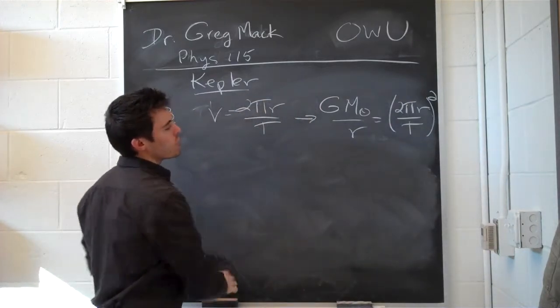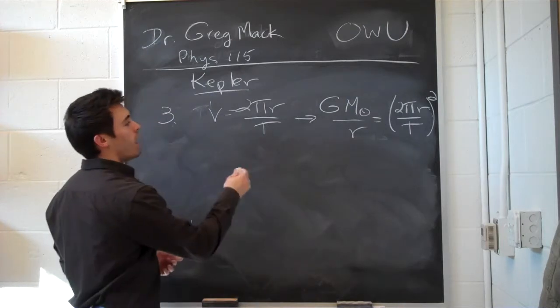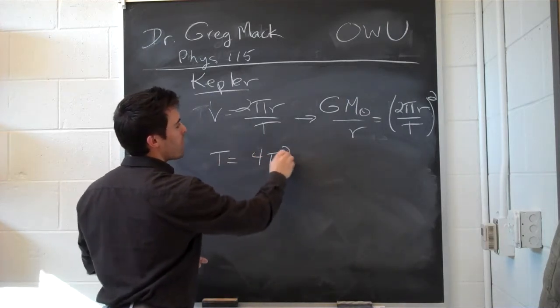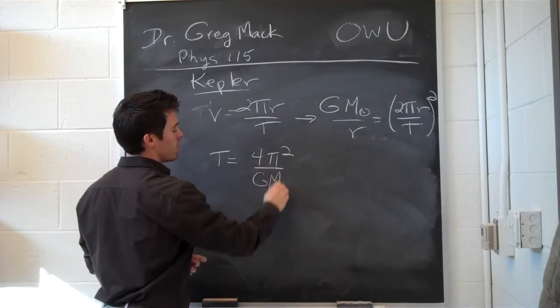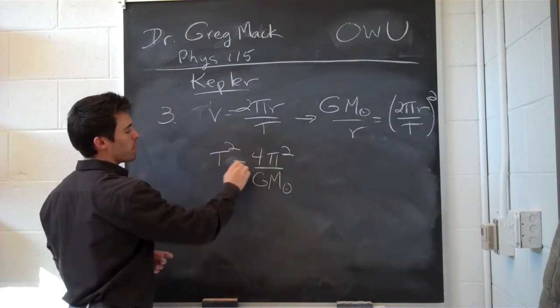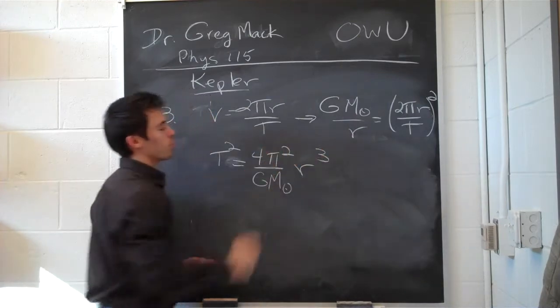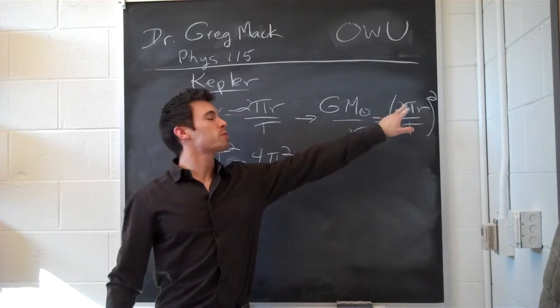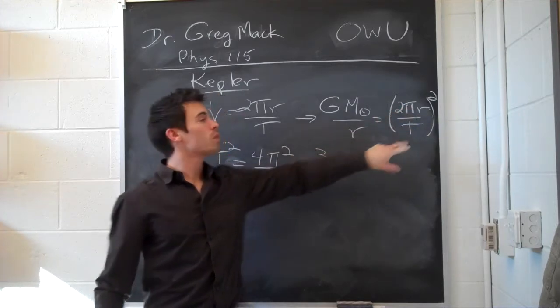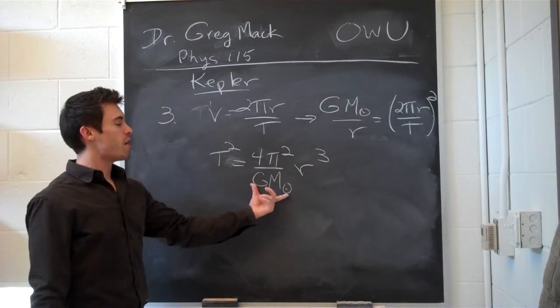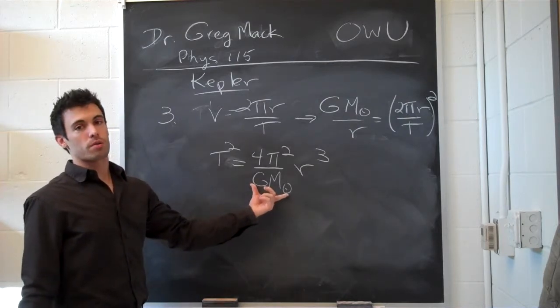And so rearranging this and solving for T, I notice that T squared is equal to 4 pi squared over G M sun times r cubed.